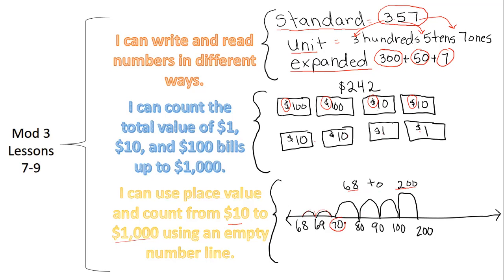Bippity boppity boo poof, we made a 10. Now I can count by tens, 80, 90, 100, kabam, I hit 100. Now I can do a higher jump and I'm at 200. So that is a quick preview of what math is.